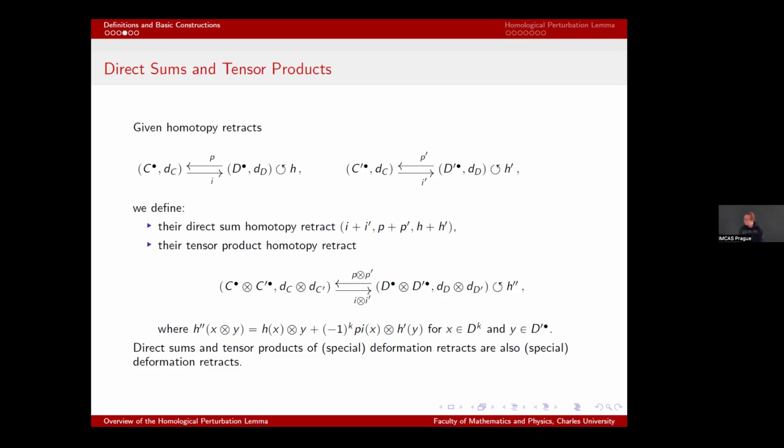And once again, direct sums of deformation retracts are deformation retracts, and if we start with special deformation retracts, we obtain special deformation retracts. And this is also easy to see from these formulas, both for direct sums and tensor products.